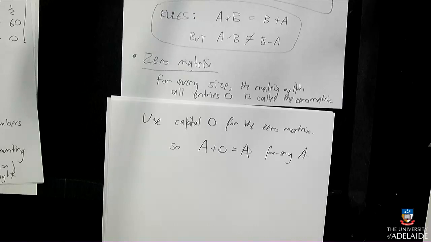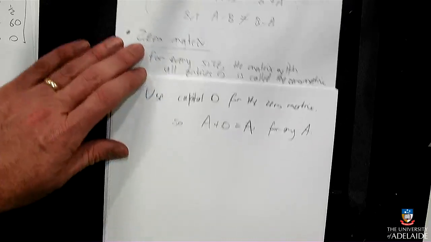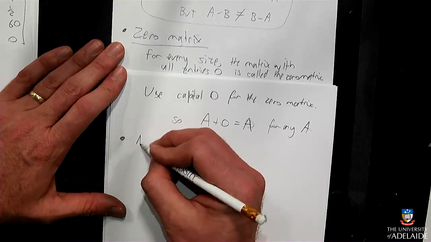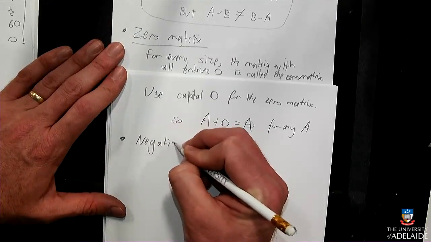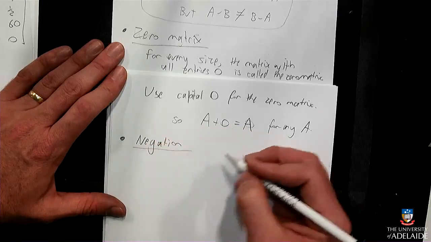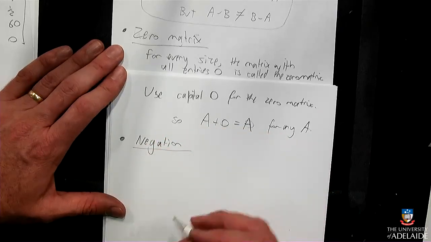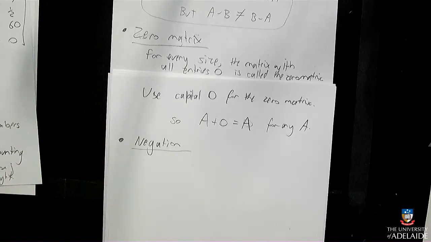Now we have, there's a word for it, it's called negation. We have the minus of a matrix. So the definition is that if you have a matrix called A, you can have minus A, and that is the matrix that you would add to A to get the zero matrix.